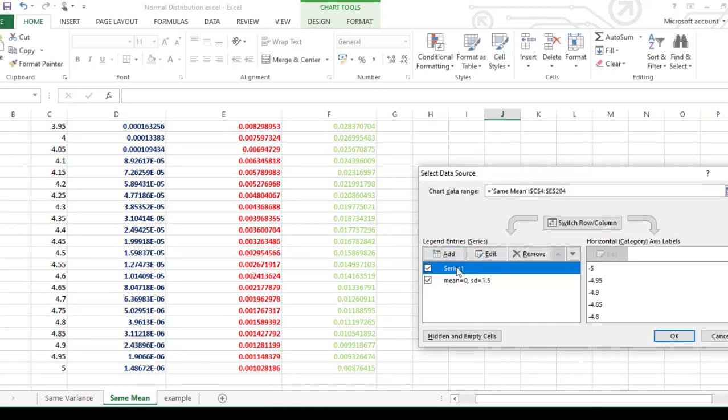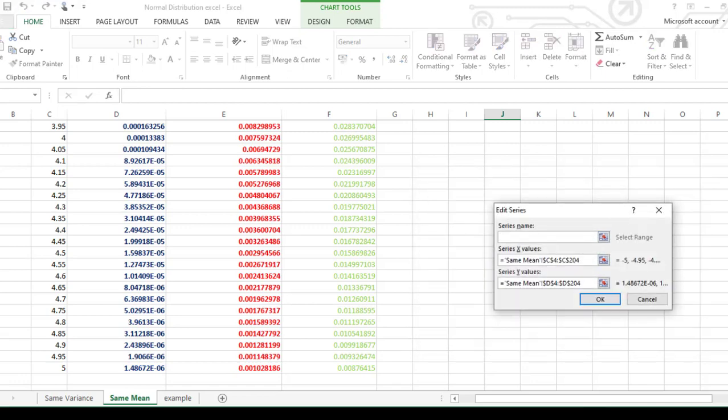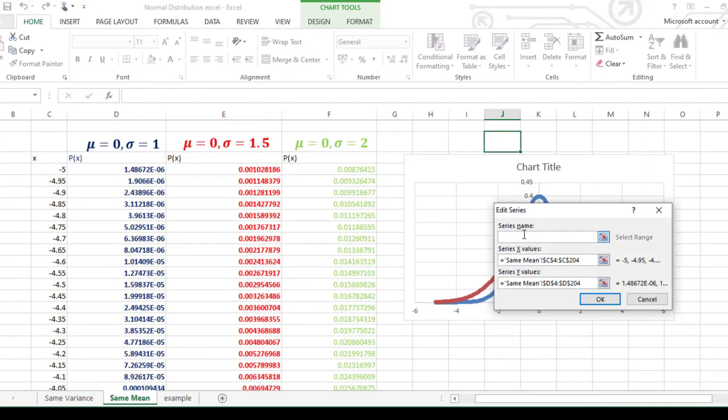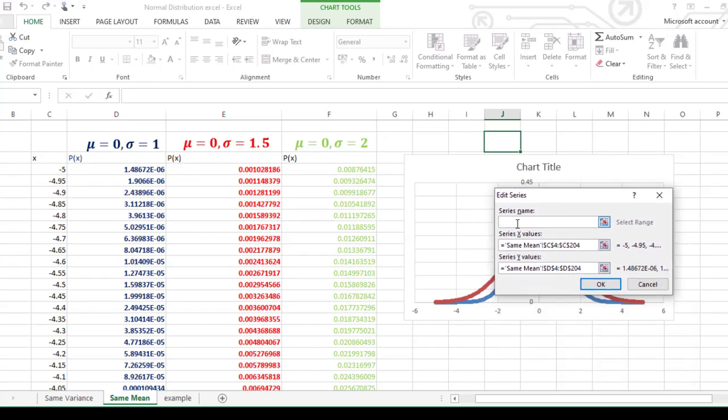Now let me change the name of the first graph to mean 0 and standard deviation 1.